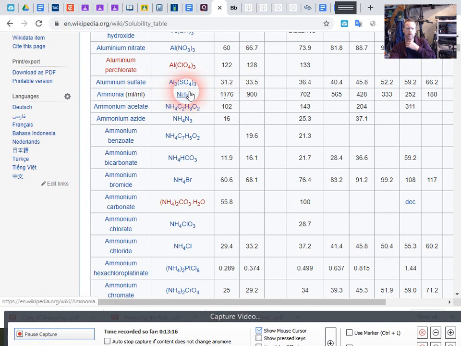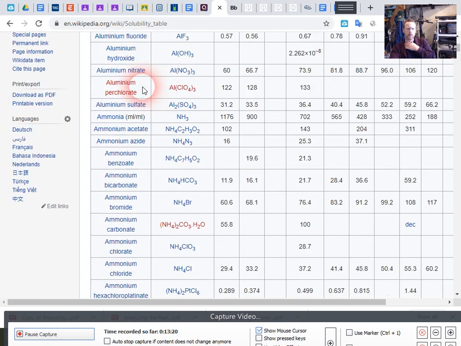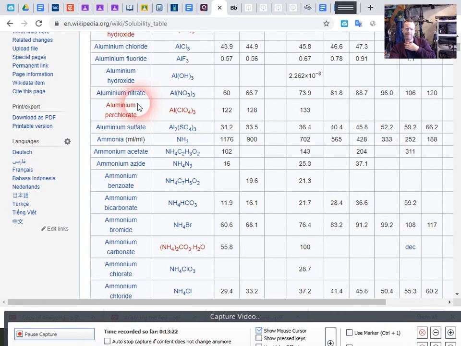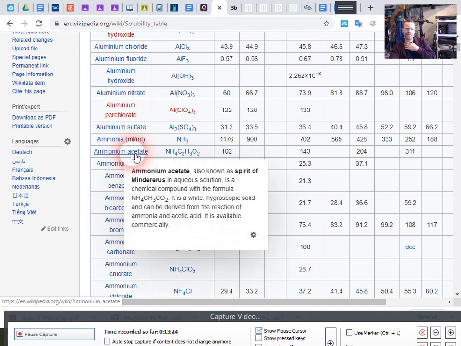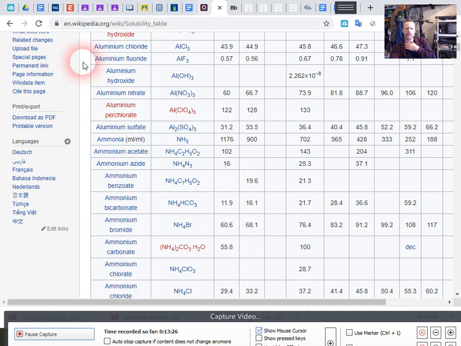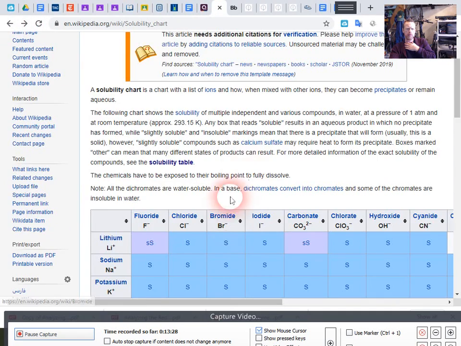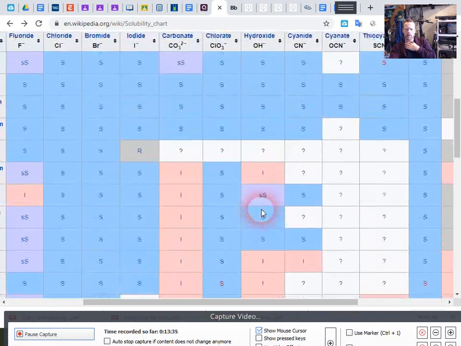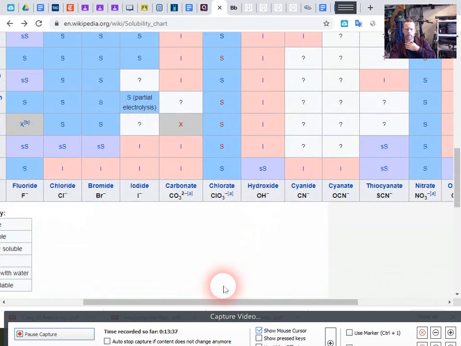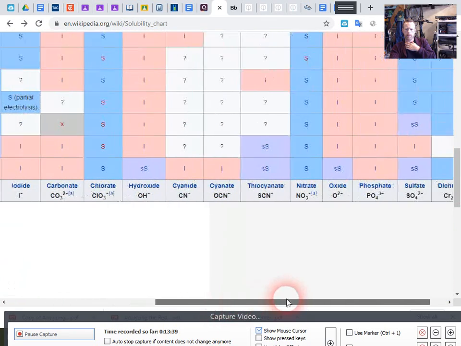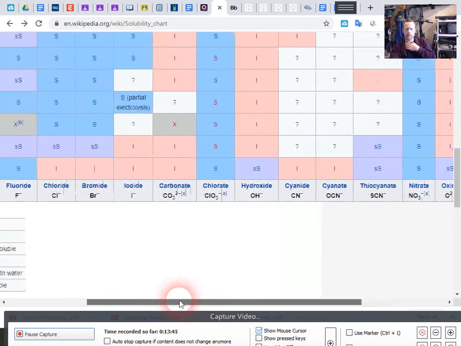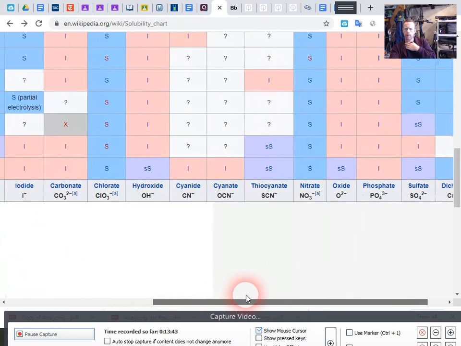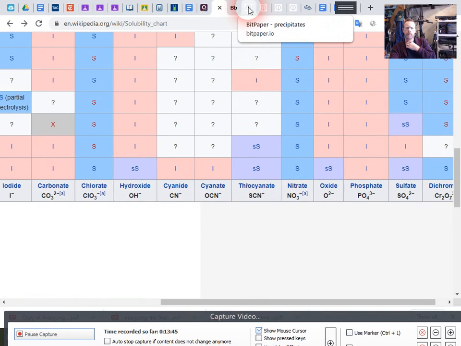What about the other one, aluminum phosphate? I don't see it. Let's see if it's in the previous one. Aluminum phosphate. Insoluble. Okay.